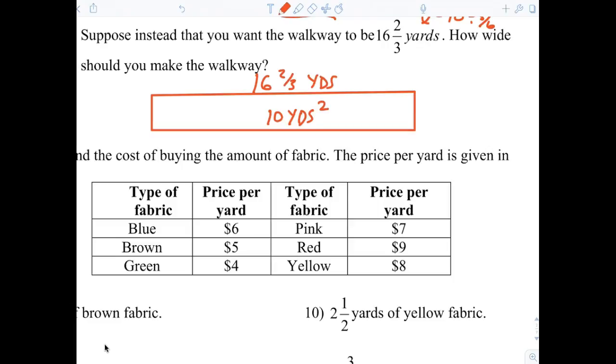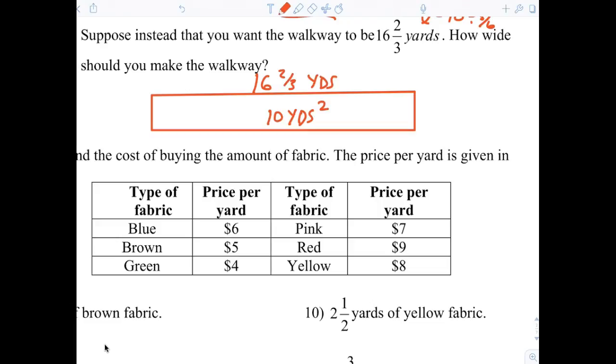The question is, how wide can you make your sidewalk? Come on, someone can tell me how to do this. Nobody? Ben? What am I dividing, Ben? But what's first, Ben? Loud and proud. Come on, Ben. So what am I doing?